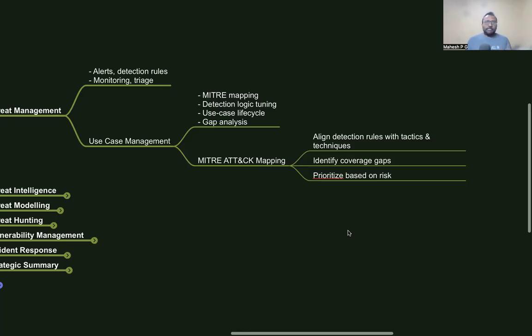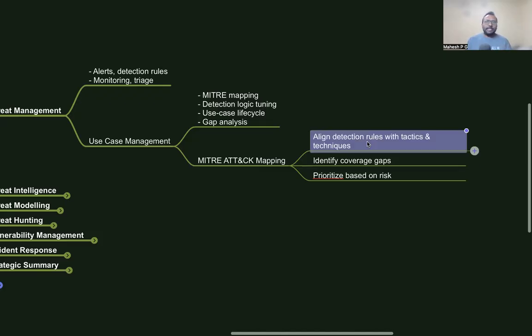Around 95% of organizations are facing the question, what are my assets? So we should have a clear understanding as a security operations or threat management professional of what assets the organization has, and whether we have a proper monitoring mechanism for them. That is the gap analysis: the logs are flowing, detection rules are in place. Those are very, very critical.